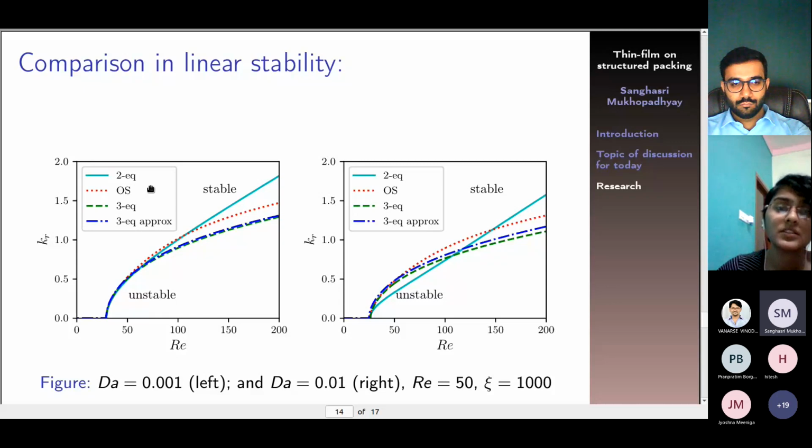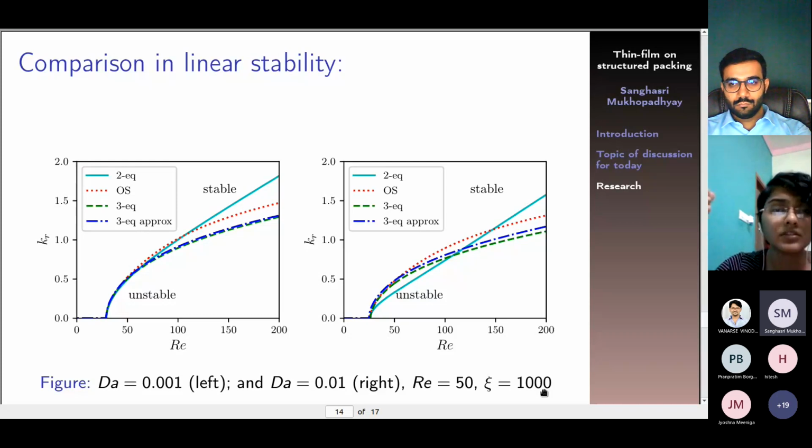So this dotted red line is the Orr-Sommerfeld result that we got. We have seen that the two-equation model doesn't work well because they have considered the flow rate to be the same in the porous and the liquid layer, which is not the case for higher values of the Darcy number. Higher values of the anisotropy as well, because if you have higher values of the anisotropy, that means there is not much exchange of fluid between the liquid and the porous layer.